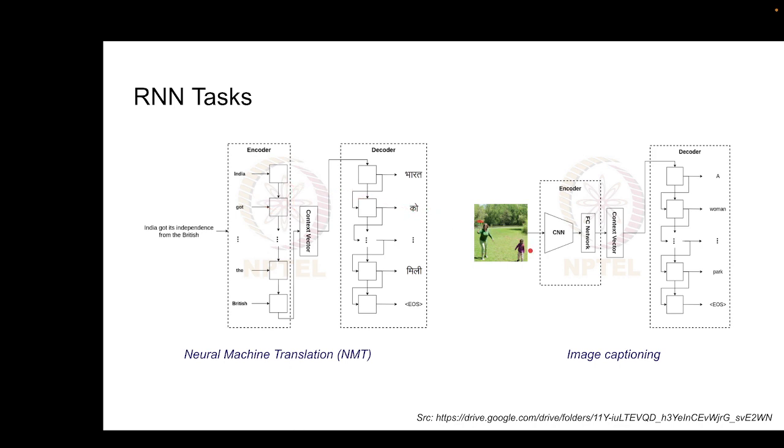Similarly, this happens for image captioning as well, which is a task that involves looking at an image and converting it into a sentence, a caption, hence the title image captioning. Here you encode the image, generate a context vector and put it into the decoder. However, the context vector is only present in the initial time step, which is the opposite of what we saw in neural machine translation.